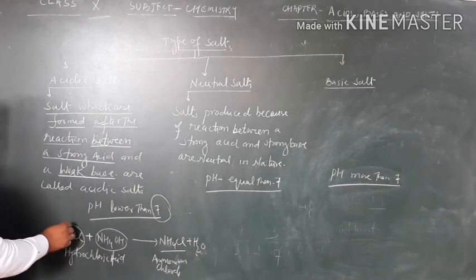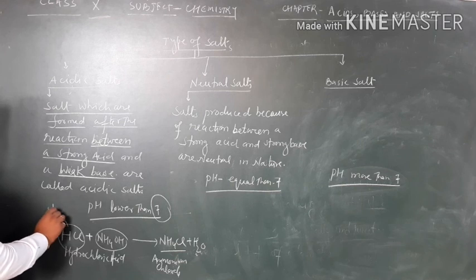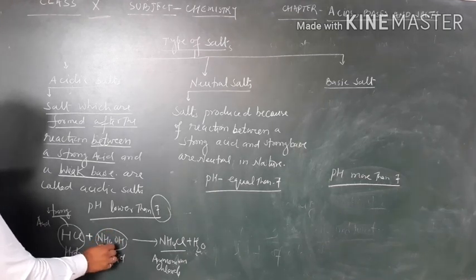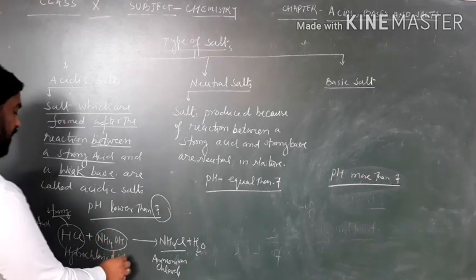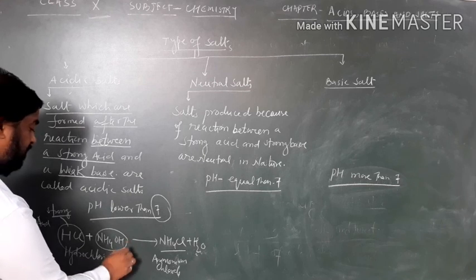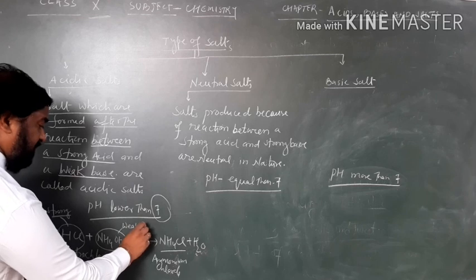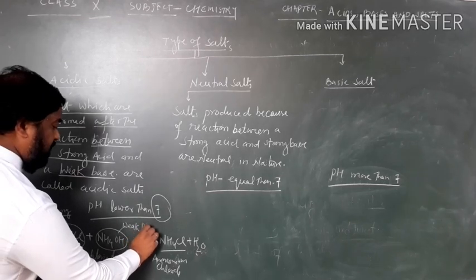So dear student, here HCl is a strong acid, and NH4OH, ammonium hydroxide, is a weak base.